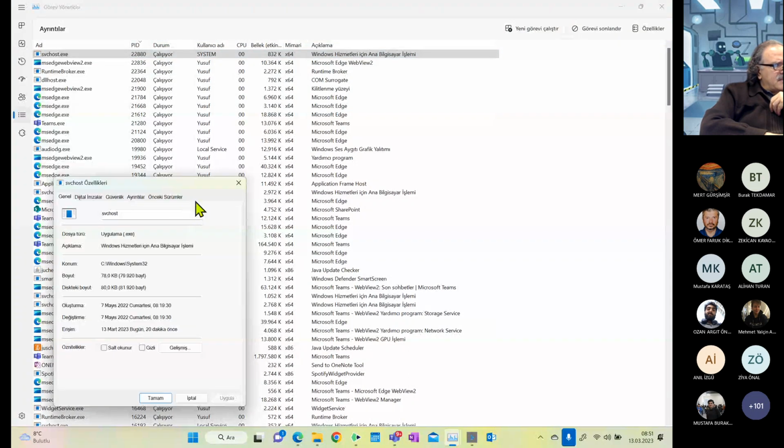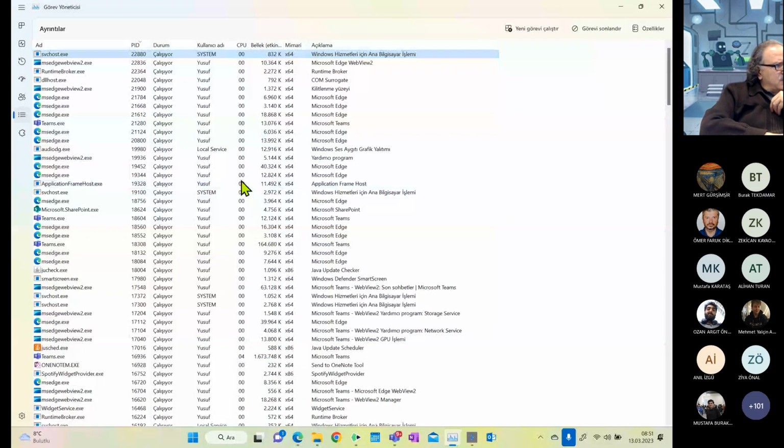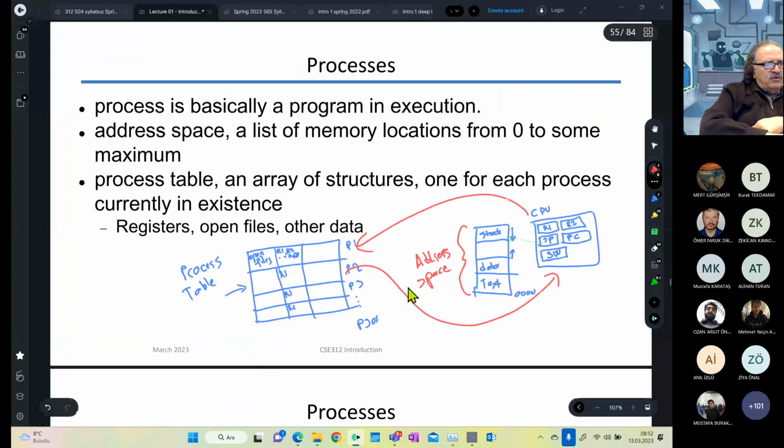I didn't get the other useful statistics, maybe I should add some more. No, it didn't work. Anyway, this kind of data is available for all operating systems, as long as the operating system is a sophisticated one, and you can list them out. So, a small introduction to processes.